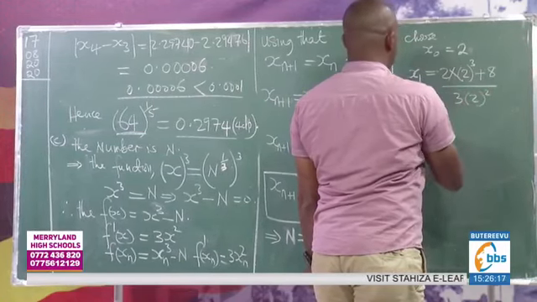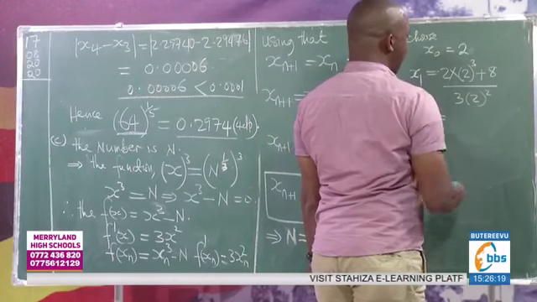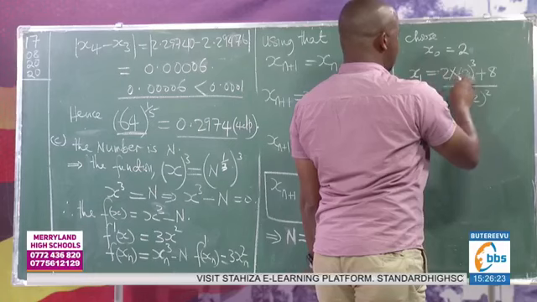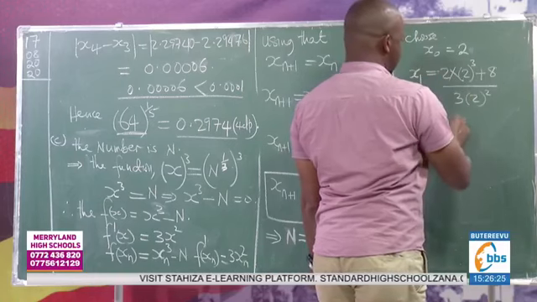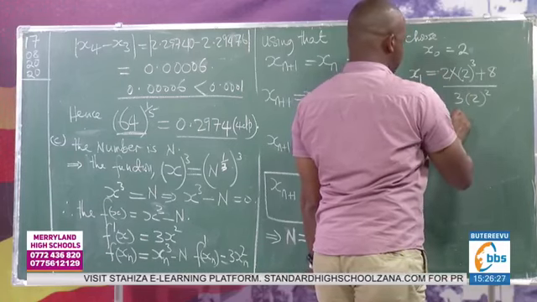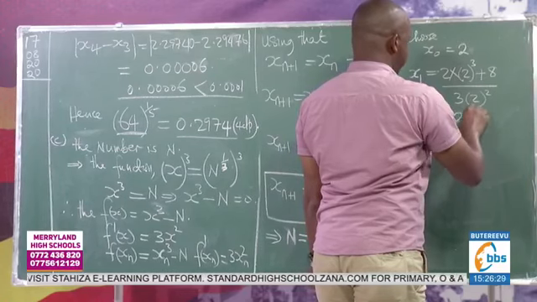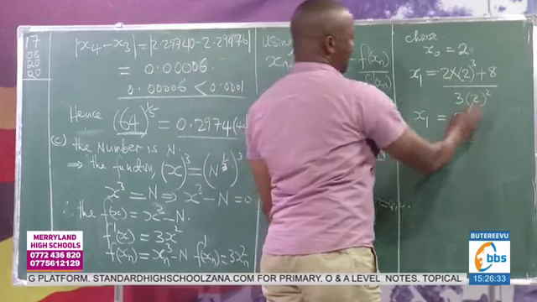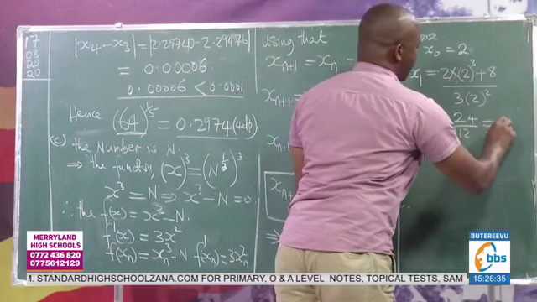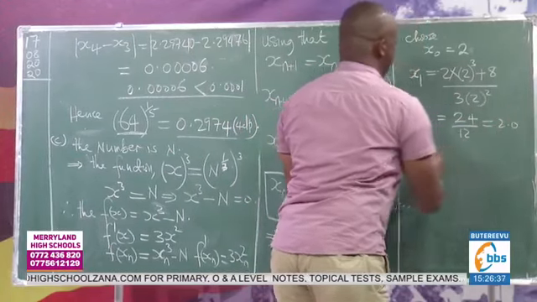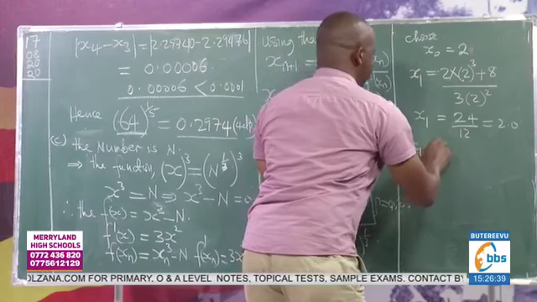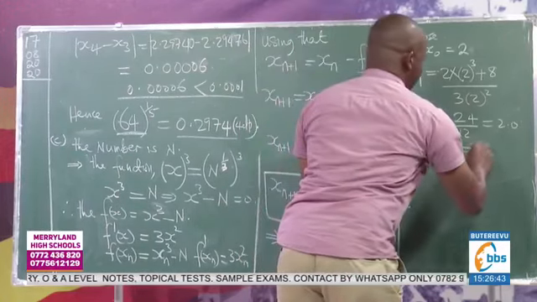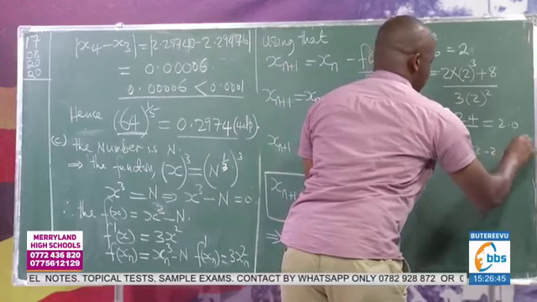So our x1 will become 2 times 8 is 16, plus 8 will be 24. And 24 will be divided by 3 times 4, which is 12. And we shall get 2.0. If we look for the tolerance, we shall get 2 minus 2, which will give us 0.